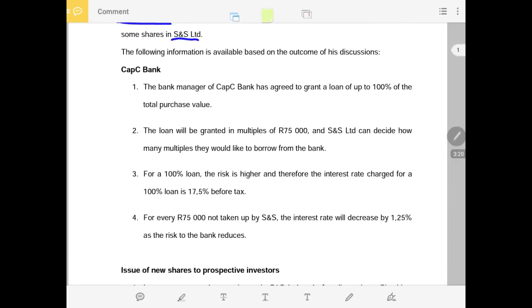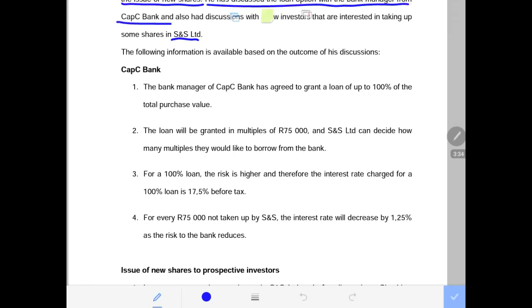The following information is available based on the outcomes of his discussion. So this is the results of the meeting that he held with the two investors, being the bank and the investors regarding the shares that are expected to be issued. Cape Bank, these are the discussion outcomes.